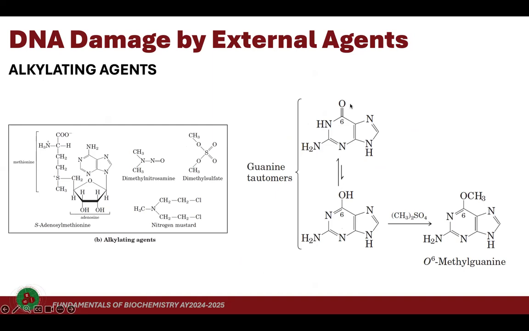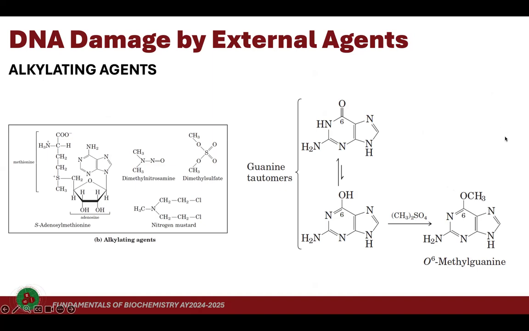The oxygen at the sixth position is methylated, and this no longer forms the required GC base pair. The Watson-Crick pair is supposed to be cytosine, right? But instead it pairs with thymine.